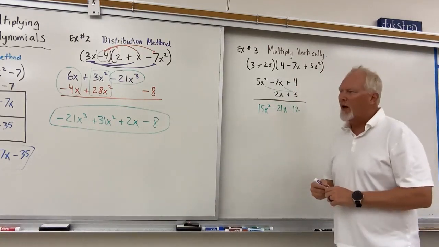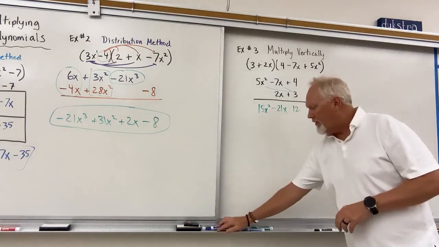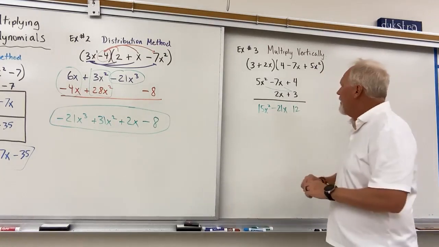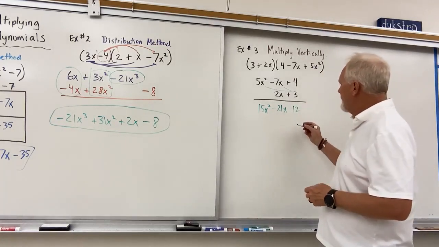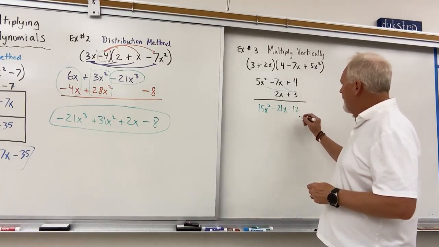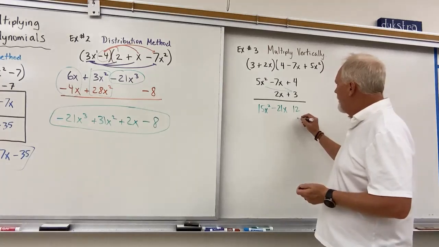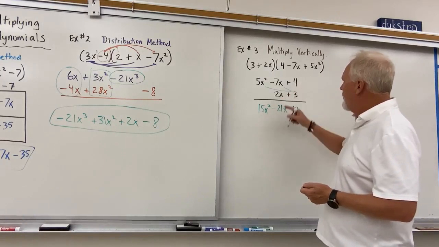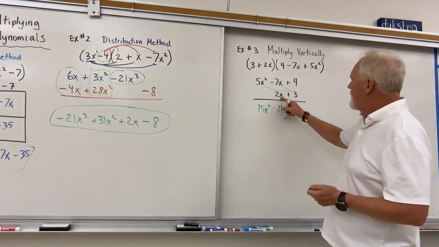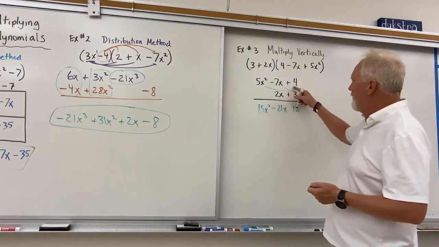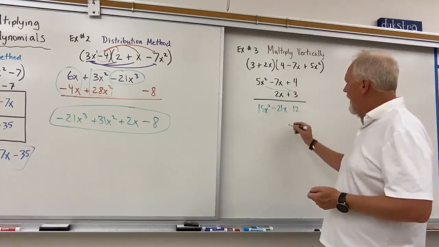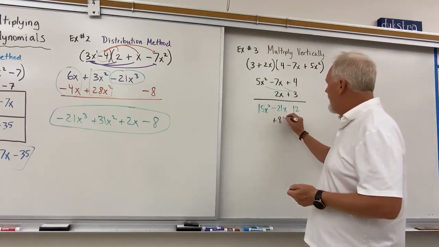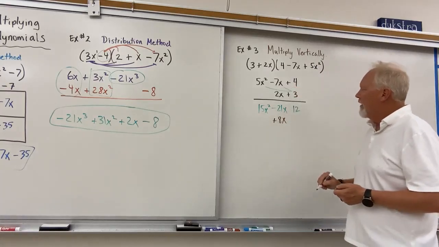Then the second round we have is we multiply the 2x. Okay? So I'm going to just do what we did before. And we multiply by the 2x. So in this case, I have 2x times 4, which is going to be 8x. Okay?